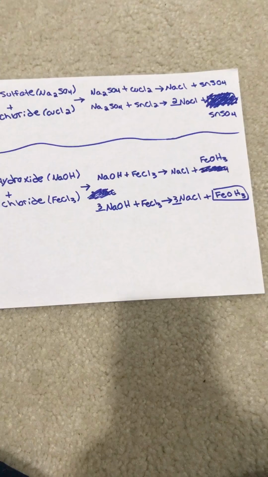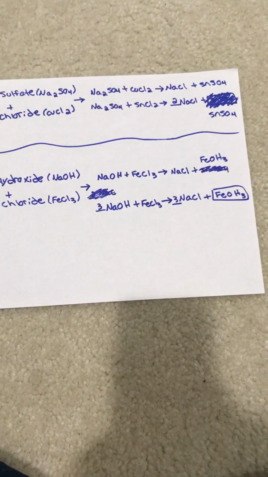Alrighty, so the third one is sodium phosphate and strontium chloride. Sodium phosphate reads Na3PO4, and strontium chloride is SrCl2. When you combine those, you get NaCl and Sr3PO4.